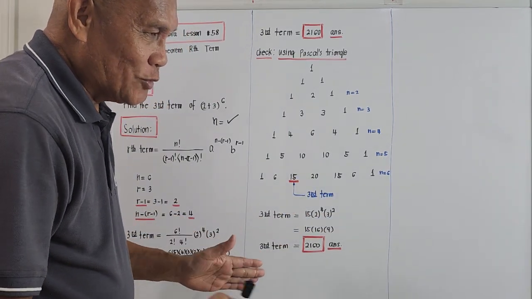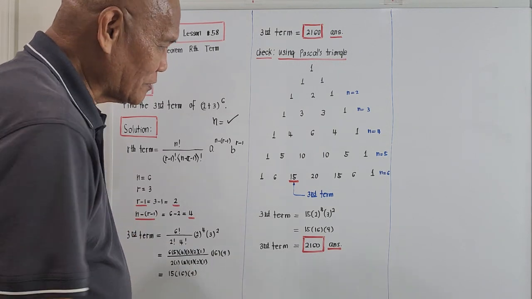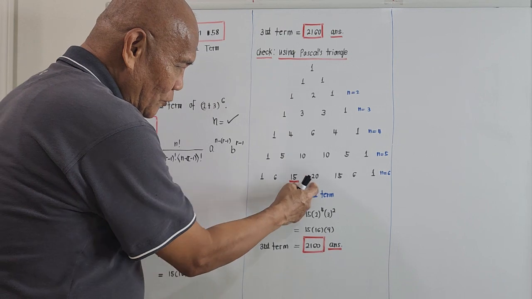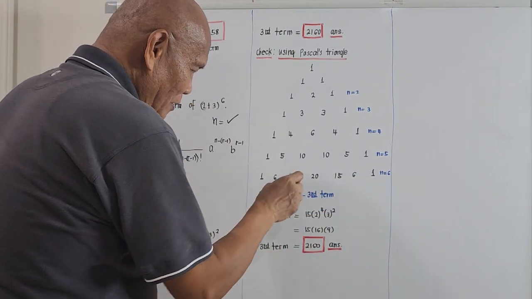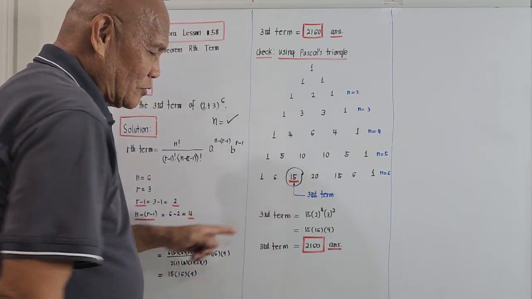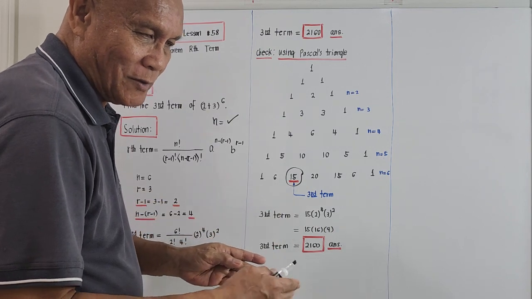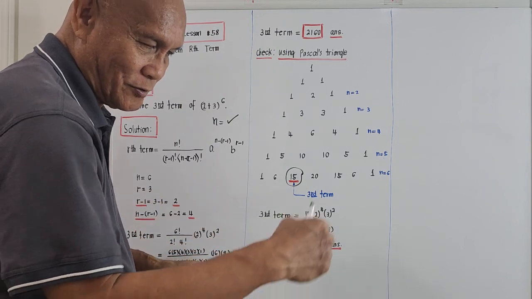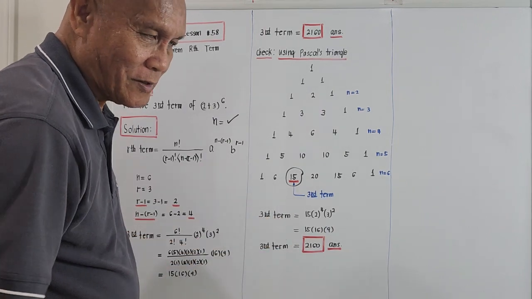Since the total number of terms is 7, this is 1, 2, 3, 4, 5, 6, 7. This is the coefficient the problem is asking for. If we know the coefficient, we can come out with the first term raised to a certain exponent and the second term raised to its exponent, and that will be the answer.